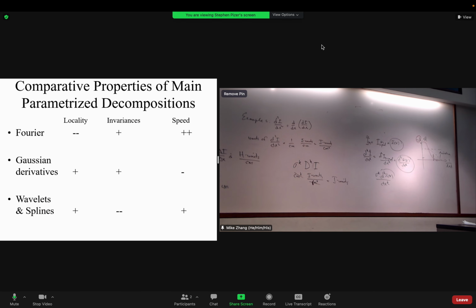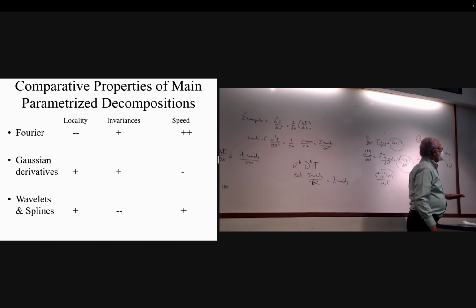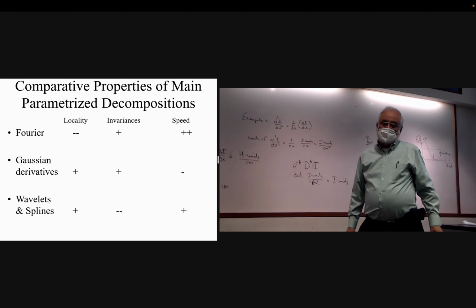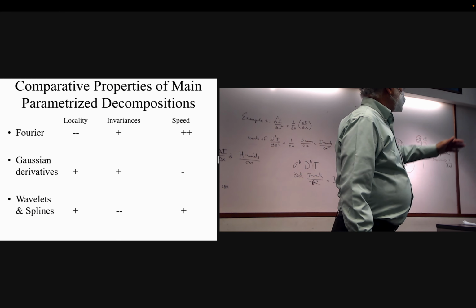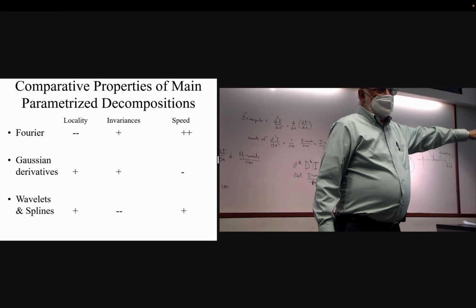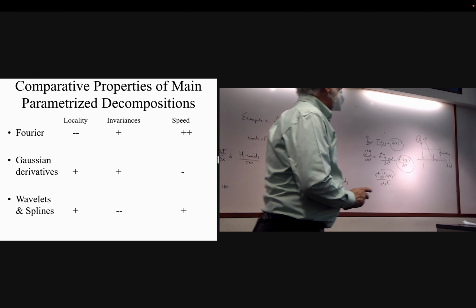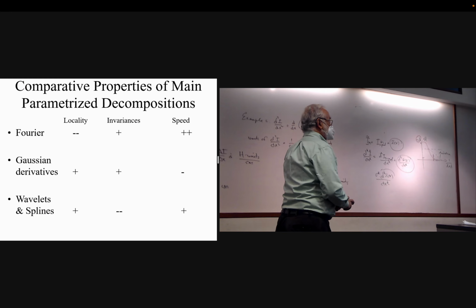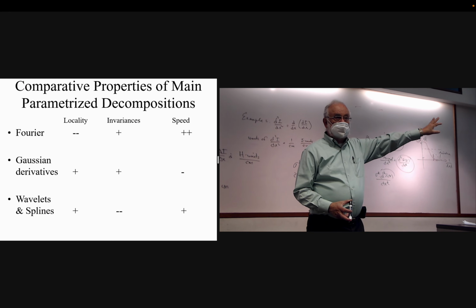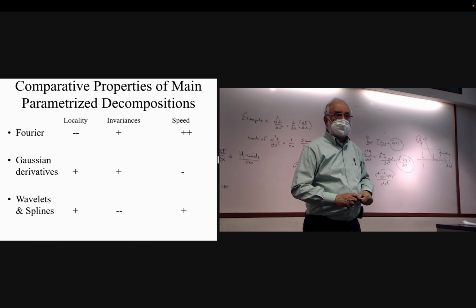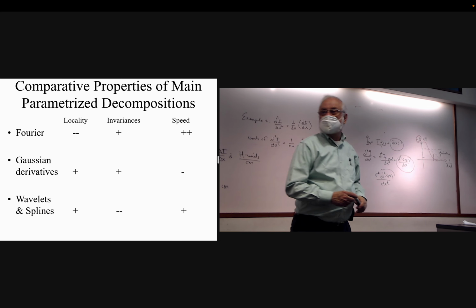The Gaussian derivatives, quite good with regard to locality, quite good with regard to invariances, not completely awful with regard to speed, because you can do things in the frequency domain with them, but nevertheless not particularly speedy.